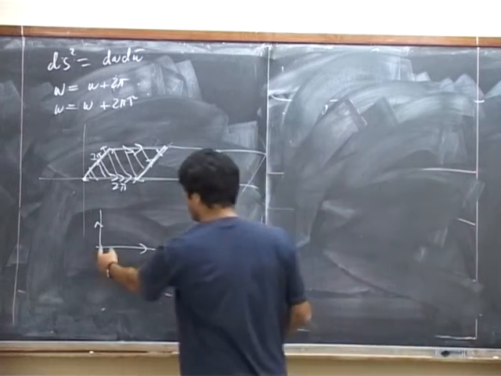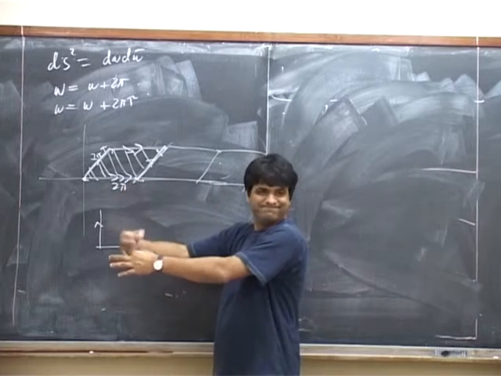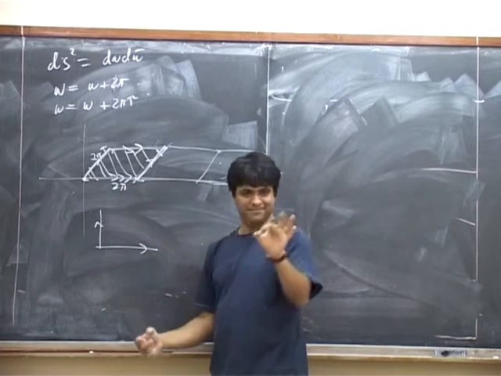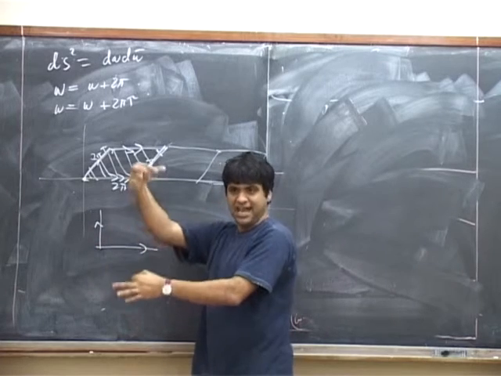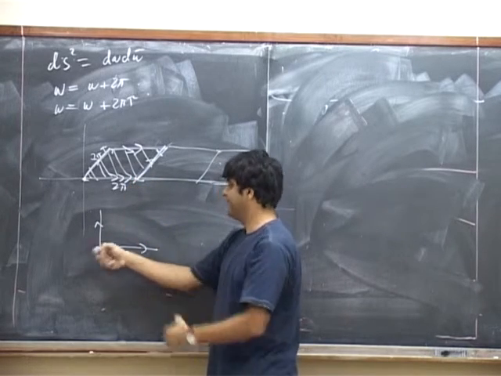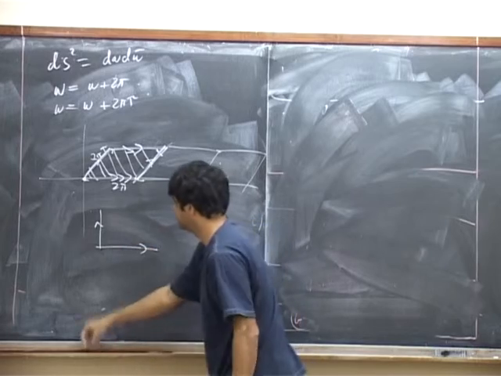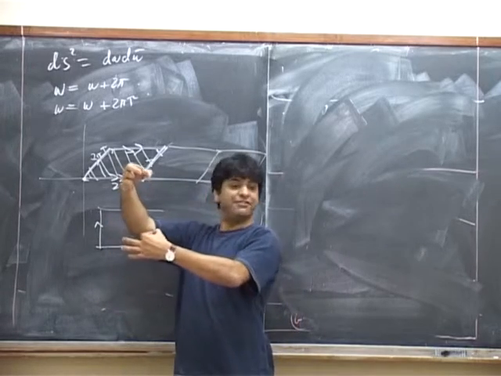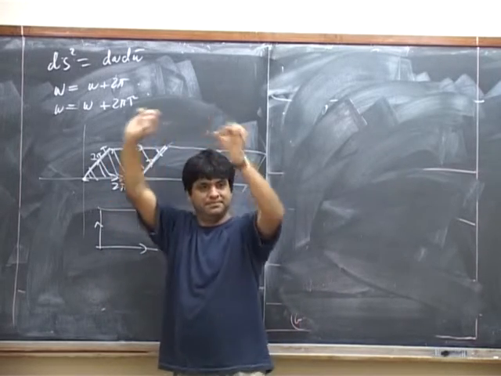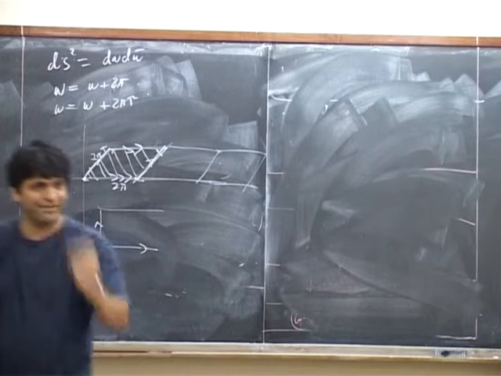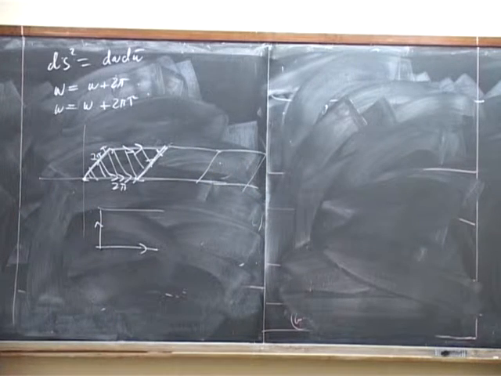Identifying this side and this side gives you a cylinder. You see that? Because this becomes a circle times a line. And then identifying this end and this end identifies the ends of the cylinder. So we get the torus, as you visualize it.